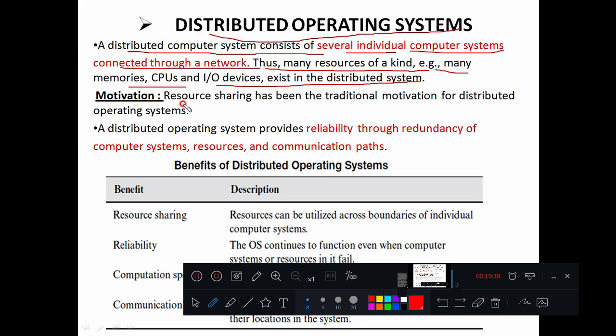So what is the motivation? The traditional motivation of a distributed operating system is resource sharing. The only aim of a distributed operating system is resource sharing. I can share the different resources for our processes.